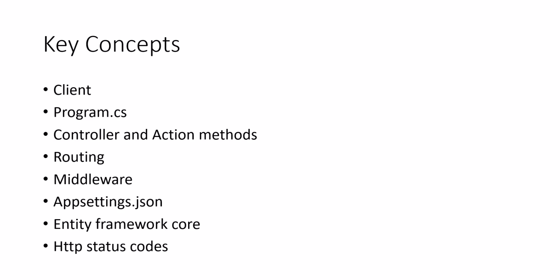Next, moving on to controllers and action methods, the core business logic of your application. A controller is nothing but a class in C sharp, and action methods are basically your methods wherein you write your business logic. Each of these action methods can be related to one of the HTTP verbs like get, put, post, delete, and patch.